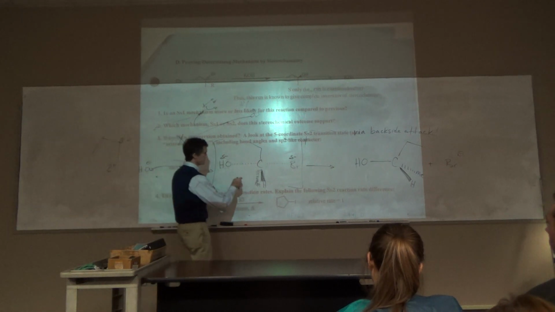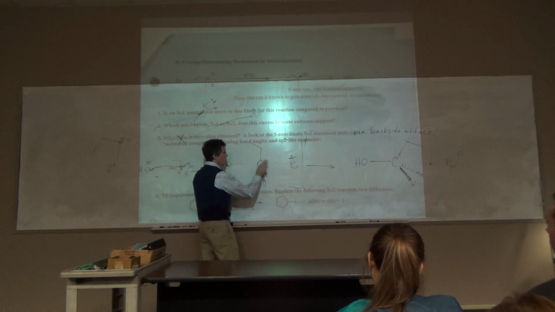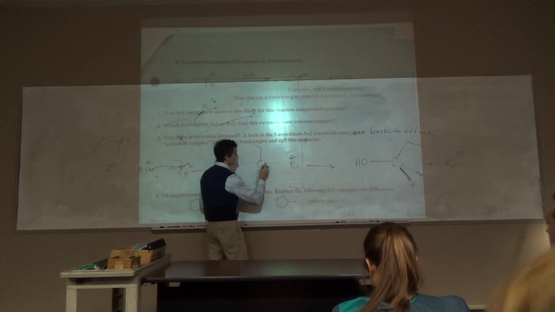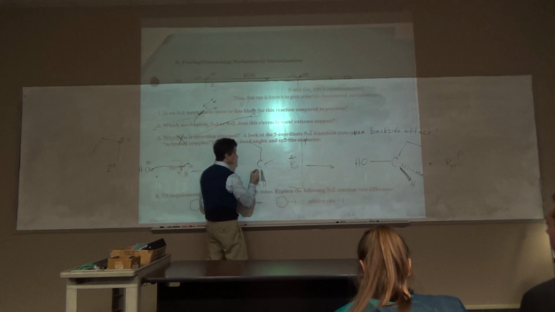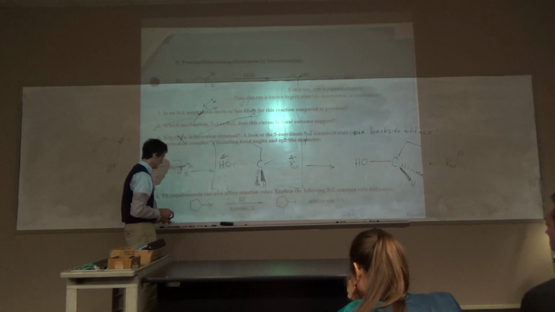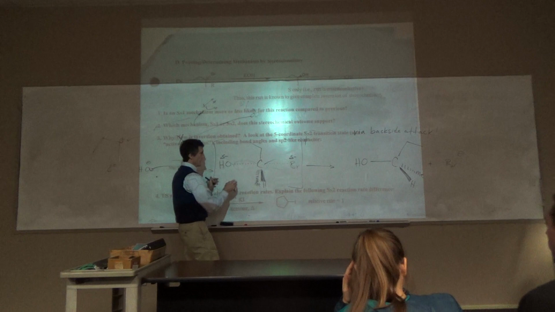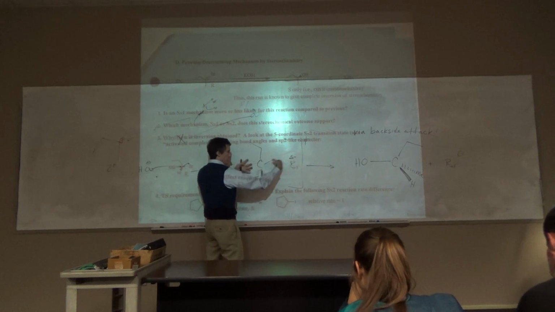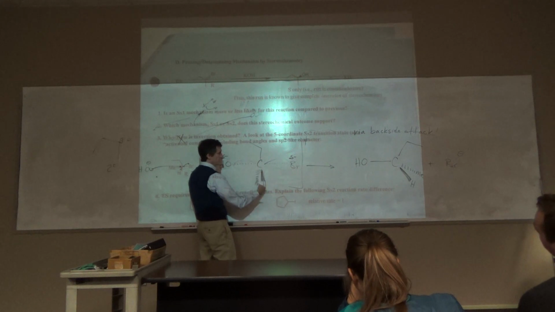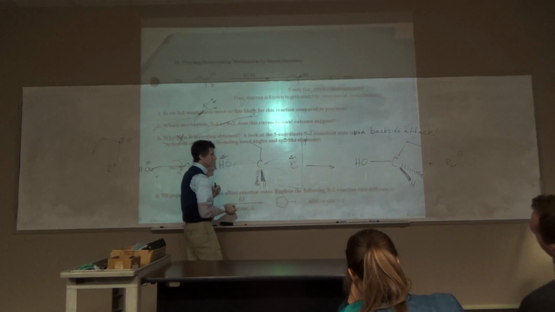Importantly, though, this has sp2-like character. We can consider these sort of like p orbitals. If we consider this sort of a p orbital here, where this is taking place, the remaining three groups are trigonal planar.